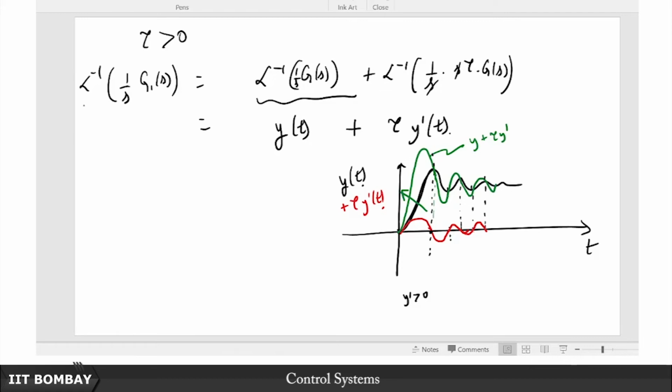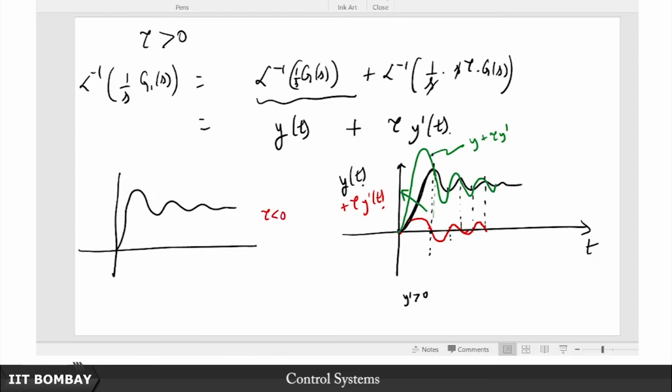So now that we have seen this, why only restrict ourselves to positive values of tau? We are in a very good position to study what will happen if you have negative values of tau. So again we draw this natural response due to the second order system, but now tau is negative here.